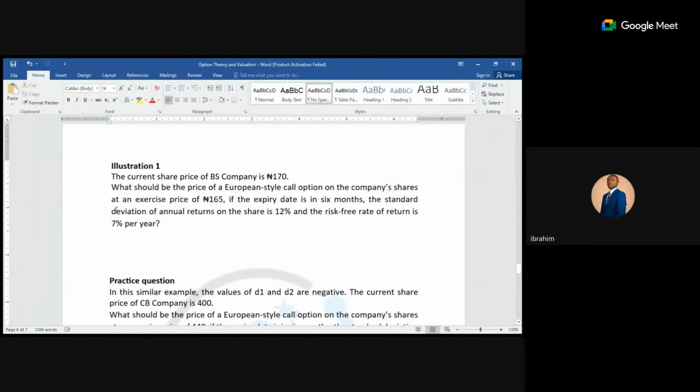Now, the current share price. This time will not be enough.